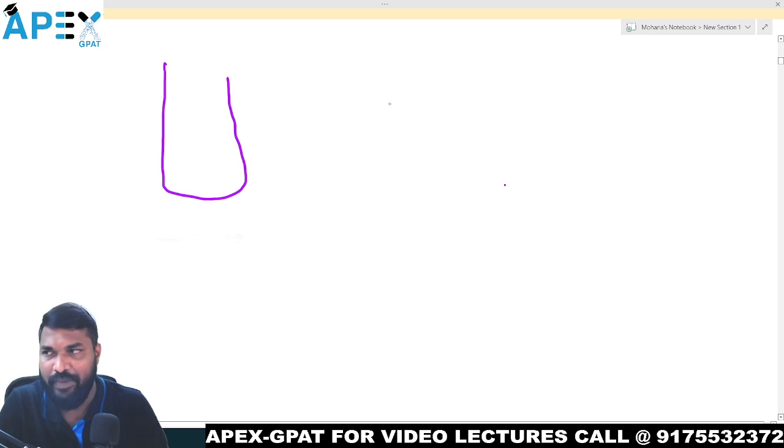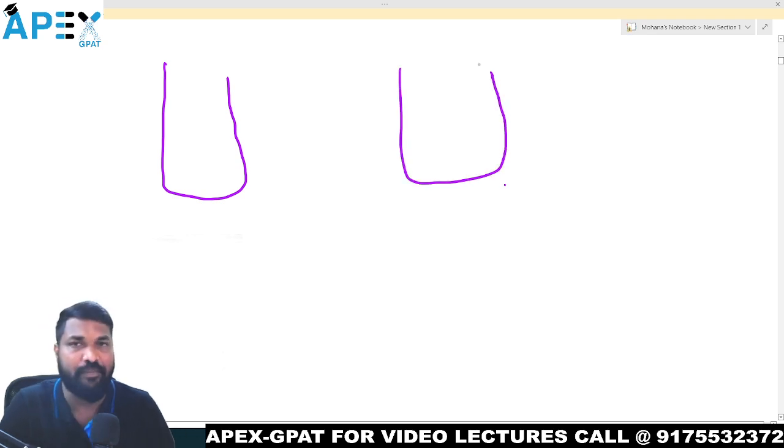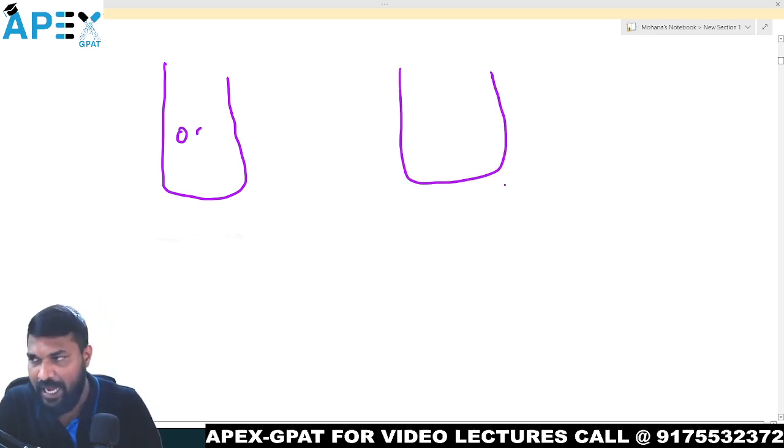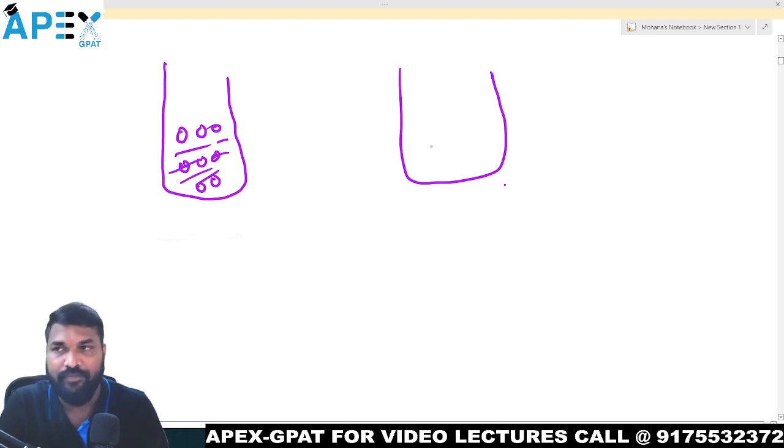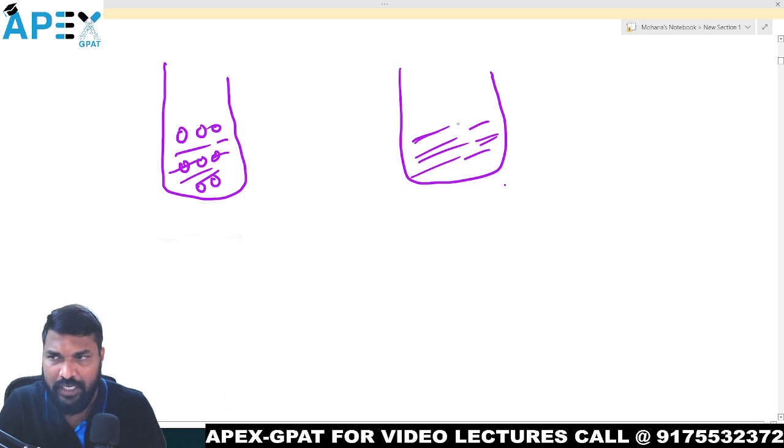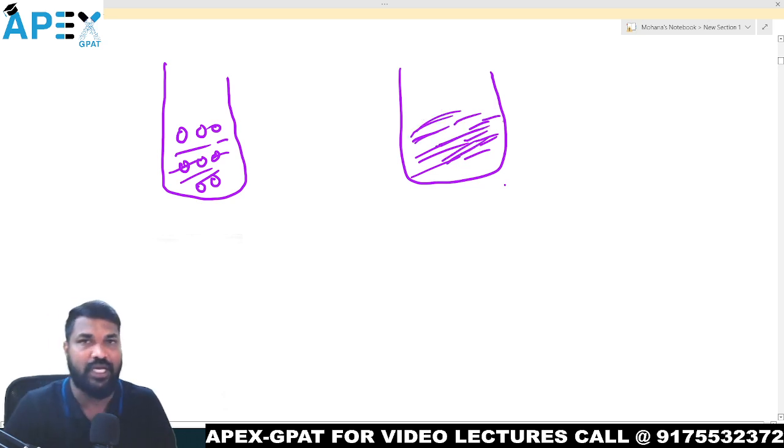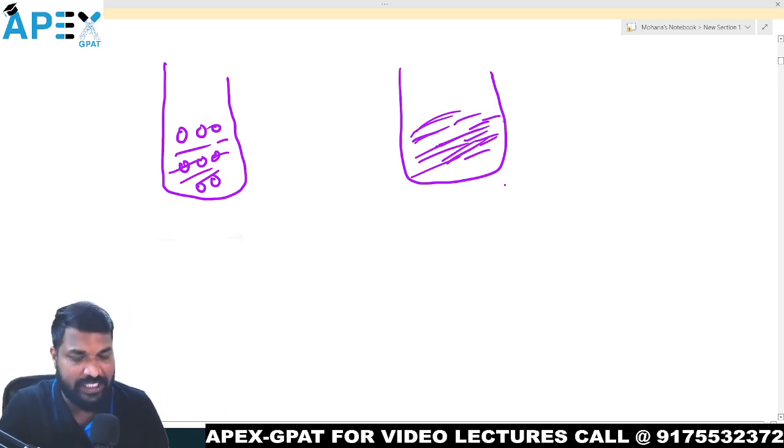Let's say this is one beaker. This is the other beaker. In each beaker I have a dispersion. But what was the condition?